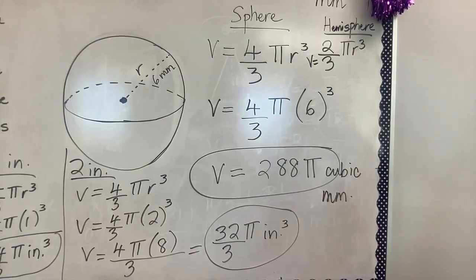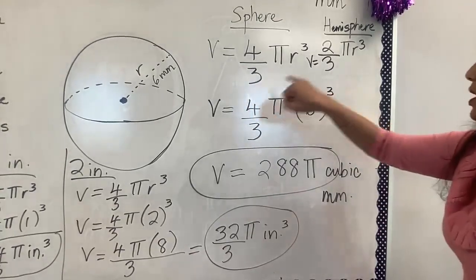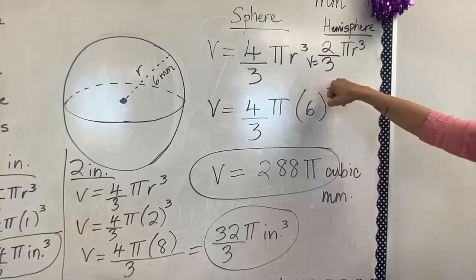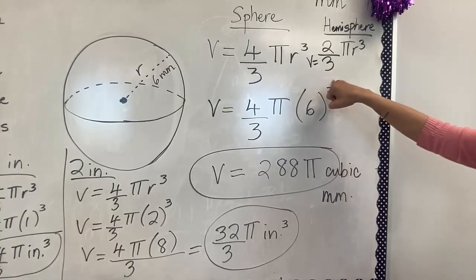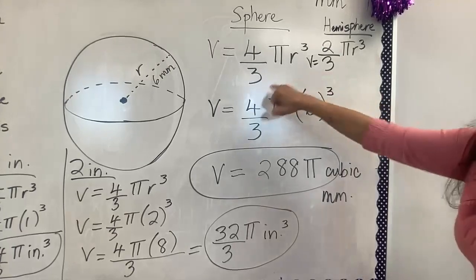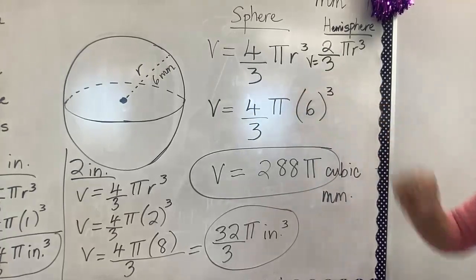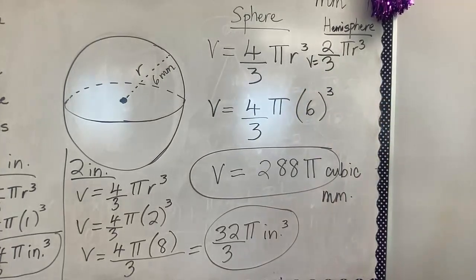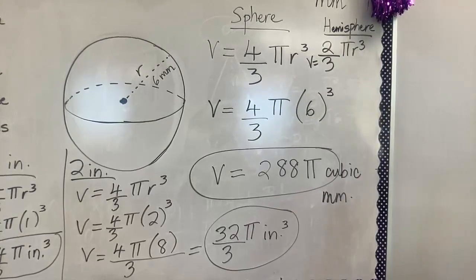So how are the coefficients 4/3 and 2/3 in the formulas for finding the volume of a sphere and hemisphere related? The coefficient in the formula for a hemisphere is half of the coefficient in the formula for a sphere.